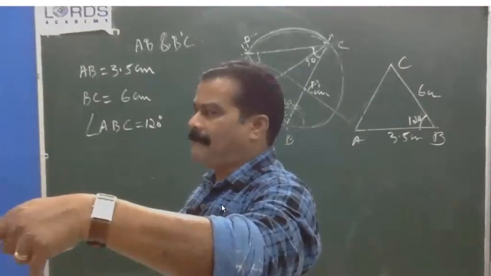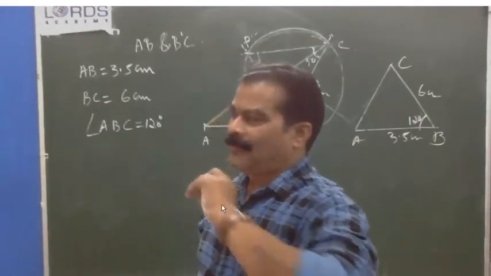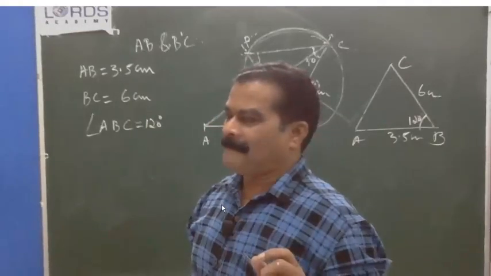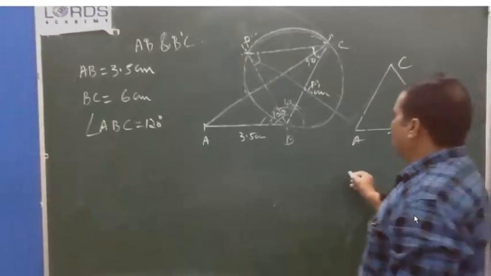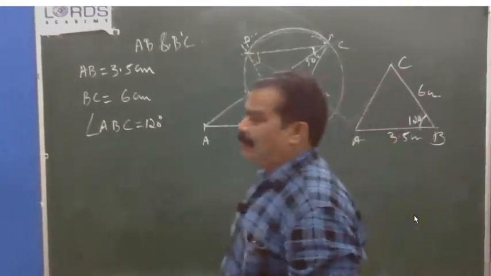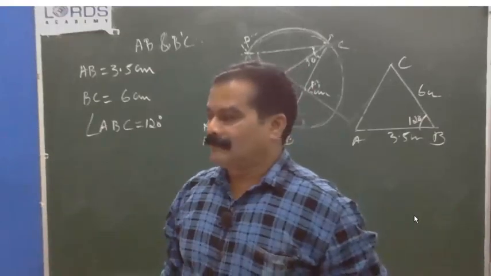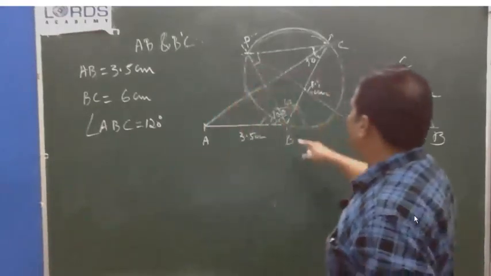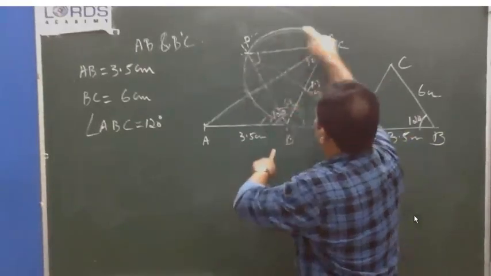Tell me the name. Hello? Trisha, angle in a semicircle. What will be the angle? Here we have taken BC as a diameter, we draw the circle.